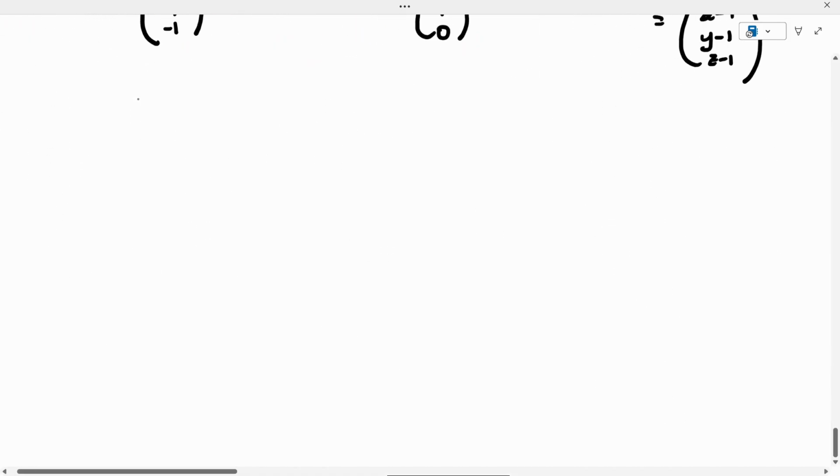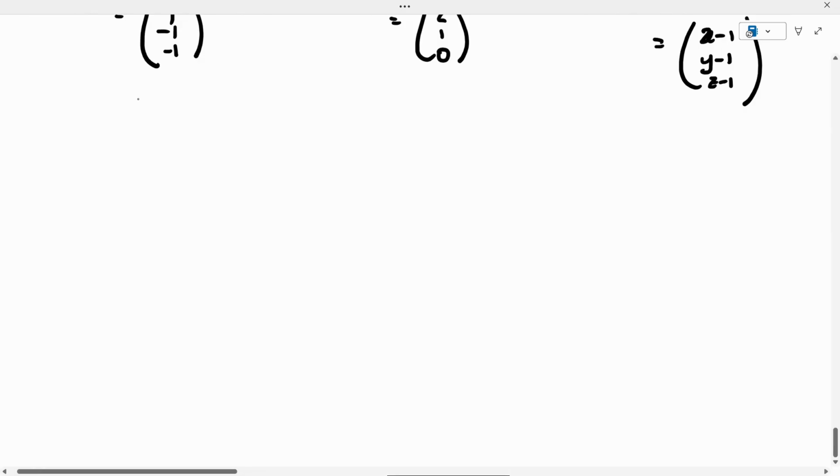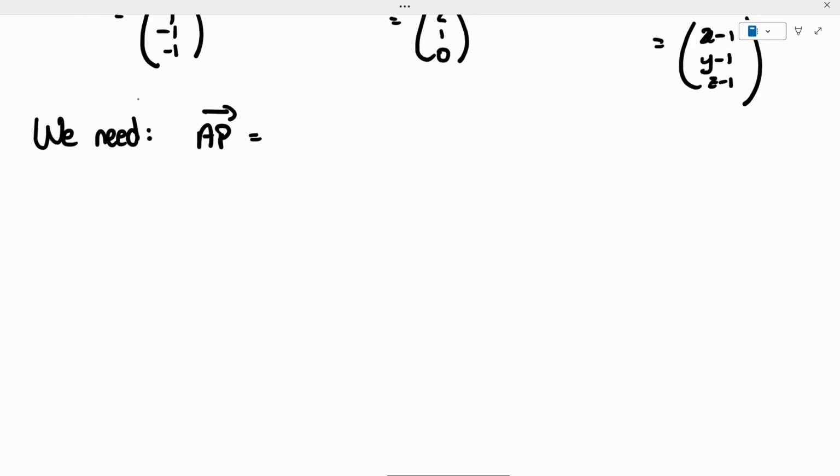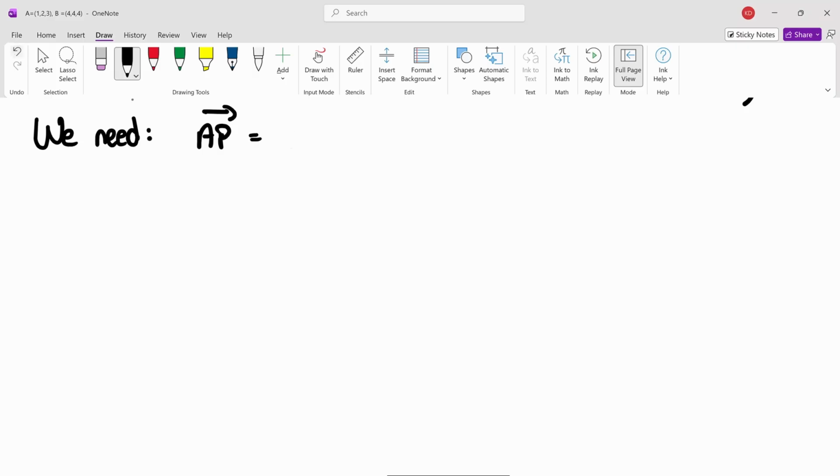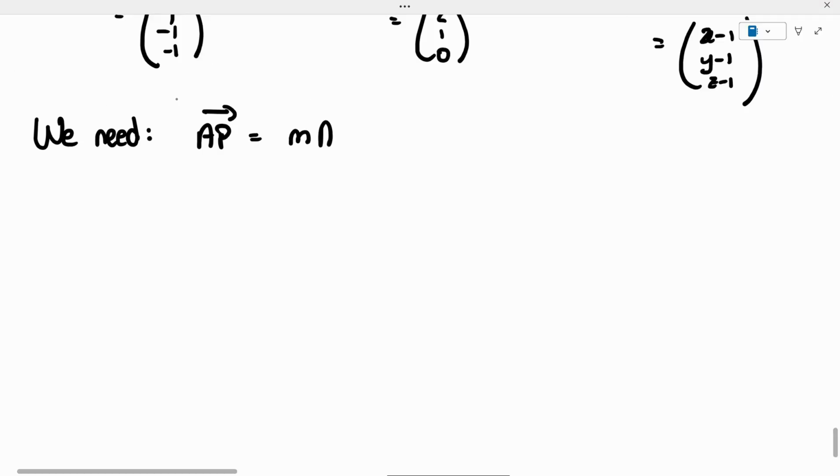So we need AP, we need AP is equal to, let's keep it with the form, MAB plus NAC. So this is just substitution now, right?